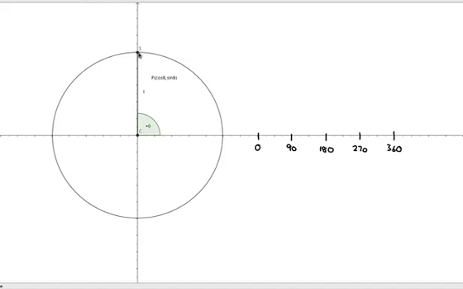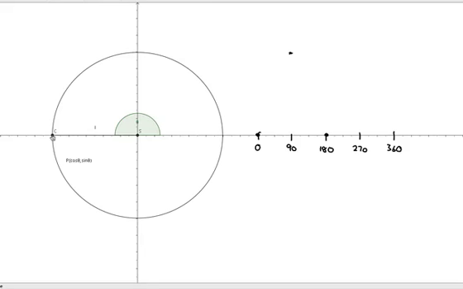Remember, this circle has a radius of 1. It's a unit circle. So sine theta is 1 at 90. So let's plot a value of 1 up there. It started off at 0. And as we continue with the angle increasing to 180, the height of this point, the y-coordinate, is now 0. So the value of sine theta has come back down to 0.